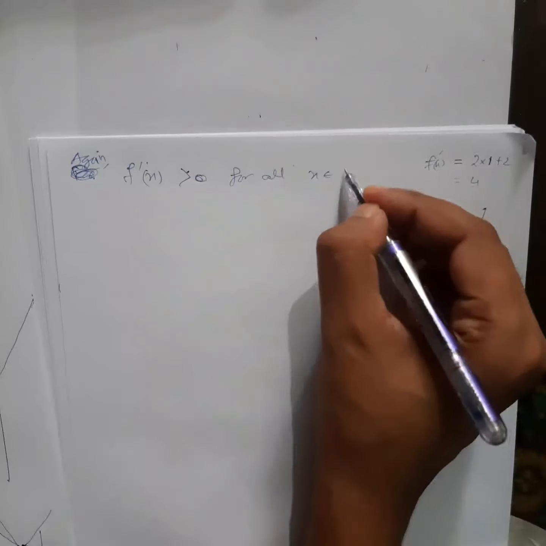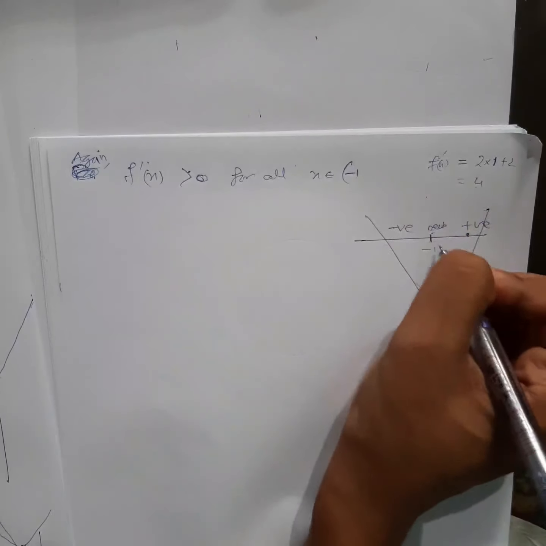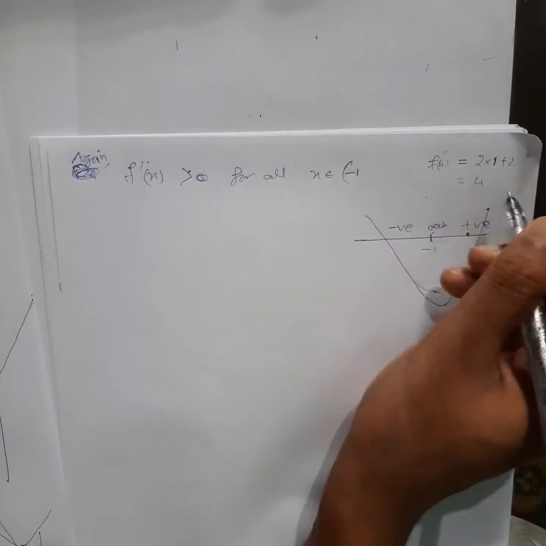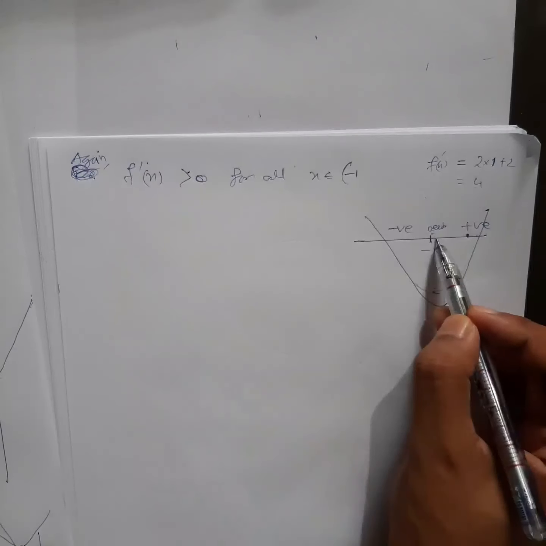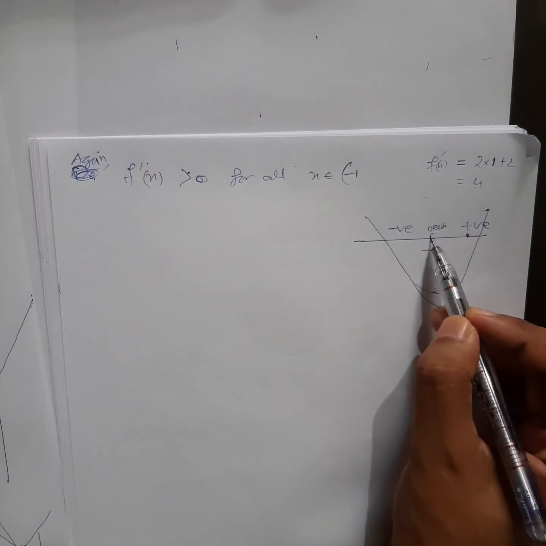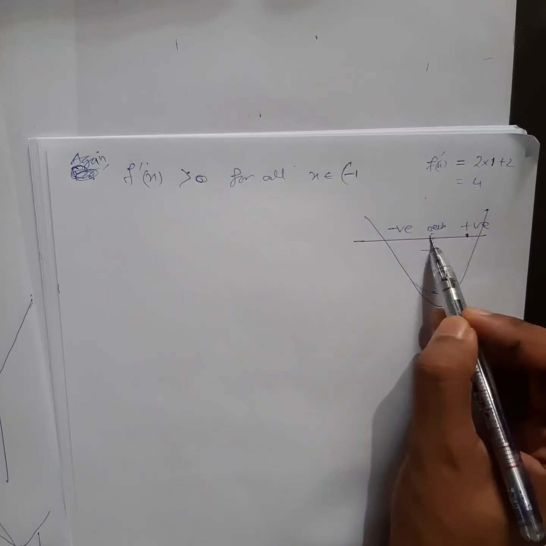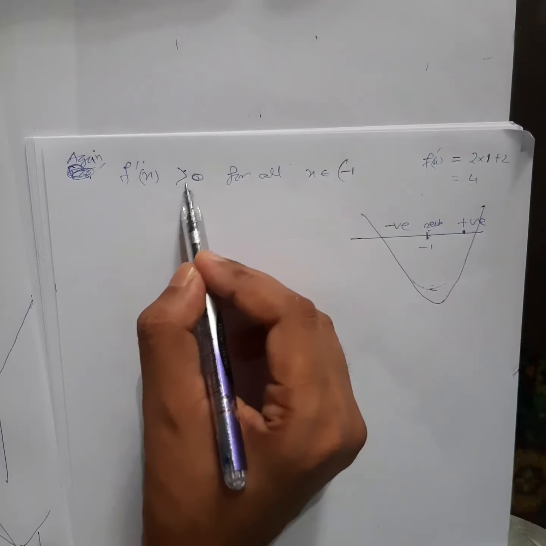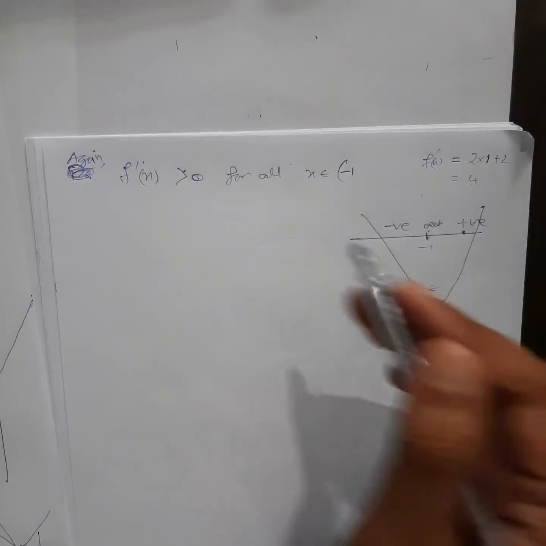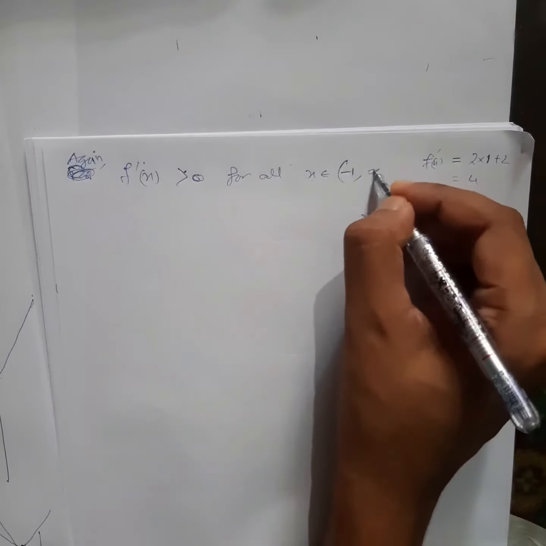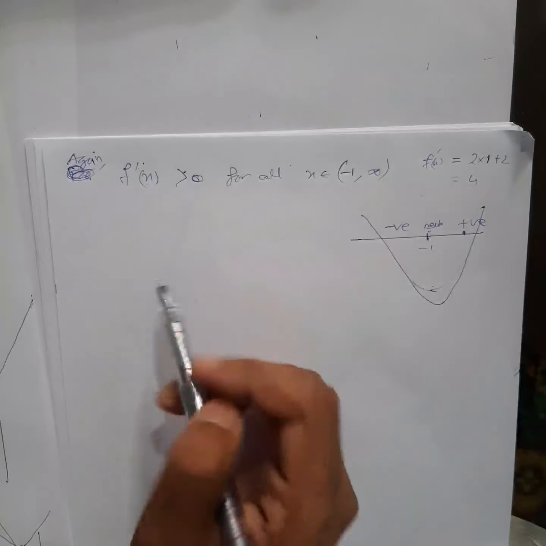So minus 1 I will take as an open interval, meaning I am not including it because it is neutral here, 0. f dash x is greater than 0 when x is greater than minus 1. If you take minus 1, here it will be equal to 0. So if it becomes equal to 0, then it is simply increasing, not strictly increasing. To infinity. Under this interval, your f dash x is greater than 0.